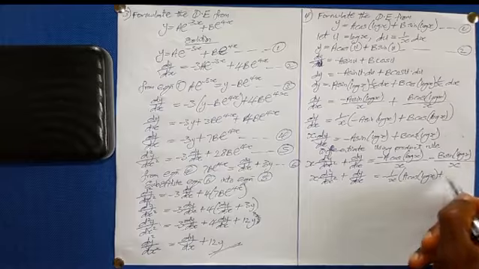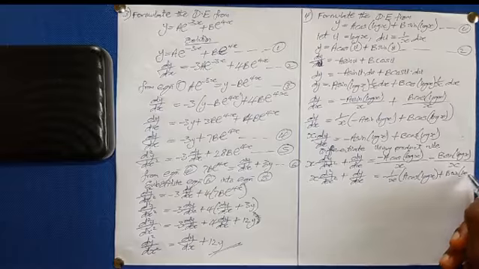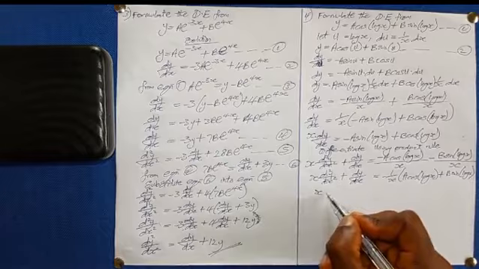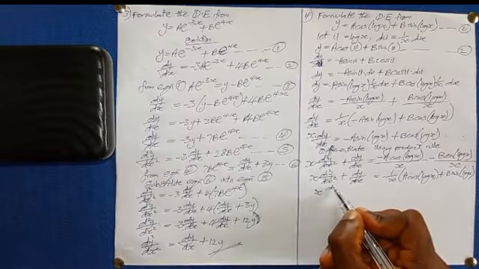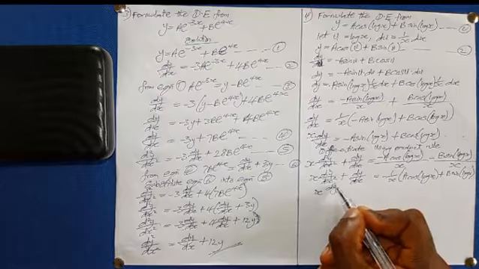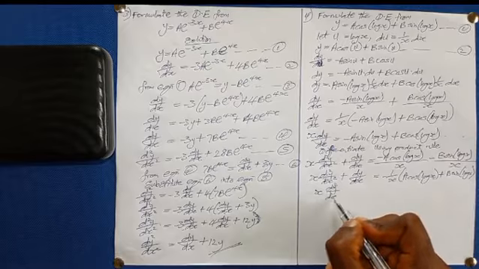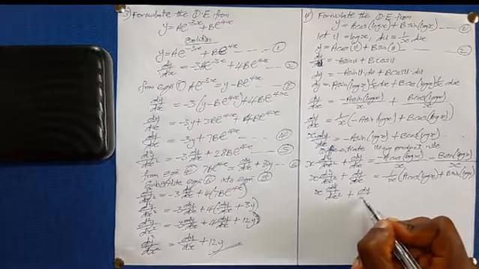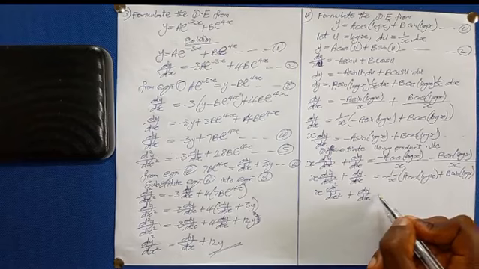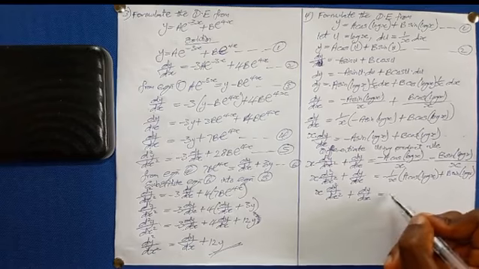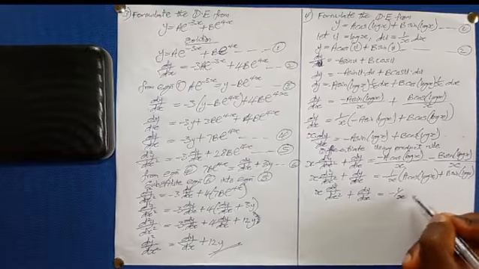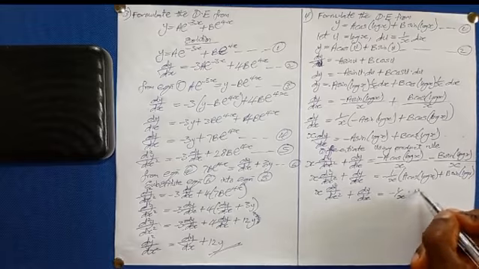Log x plus b sine log x. Then moving forward, we have x dy/dx plus dy/dx is equal to minus 1 over x times y.